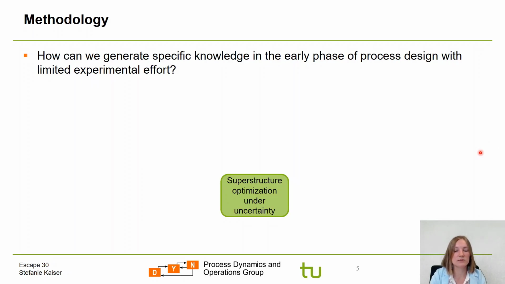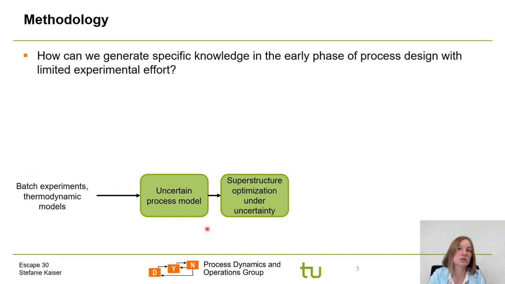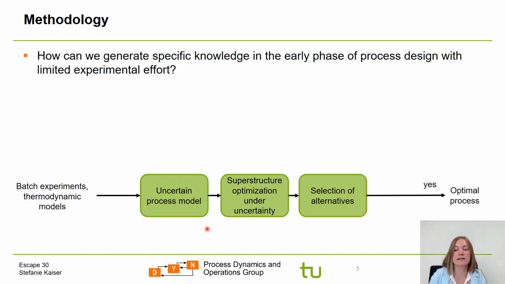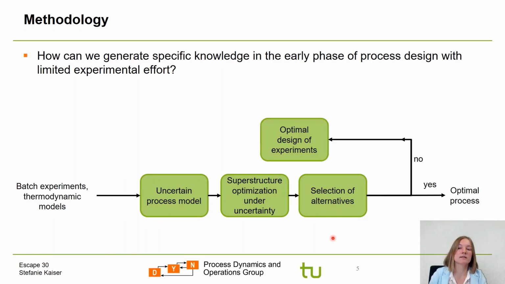For this superstructure optimization, we need a process model, and since we are in the early design phase, it will be an uncertain process model, which is based on usually batch experiments and thermodynamic models. We then select the alternatives, and if we already have found the optimal process, we can stop here, but usually this won't be the case, so we continue and perform an optimal design of experiments to determine the relevant parameters.